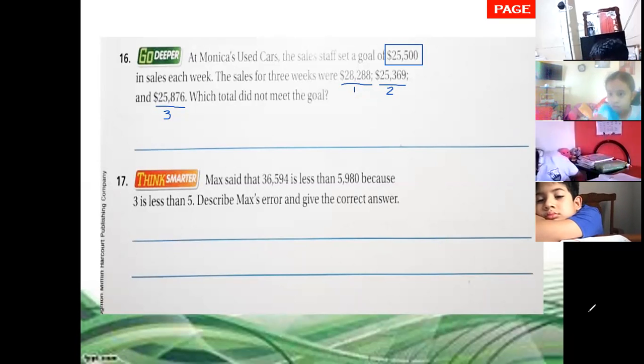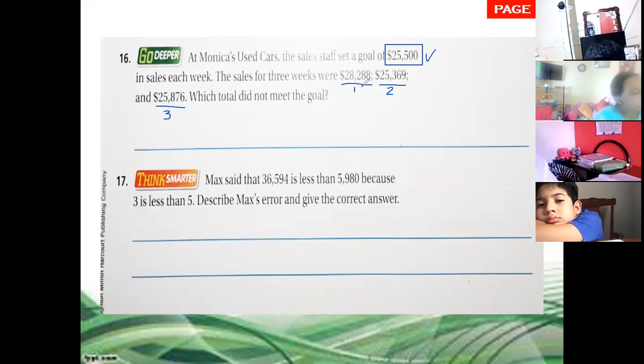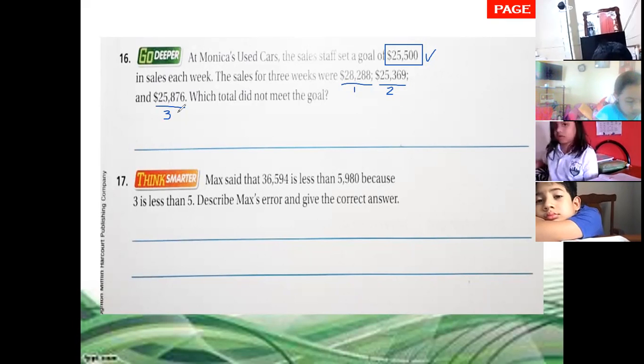So, look at this. The goal of this place is 25,500. One week, they sell 28,288. Another week, 25,369. And another week, 25,876. One week didn't meet the goal. What amount was it?